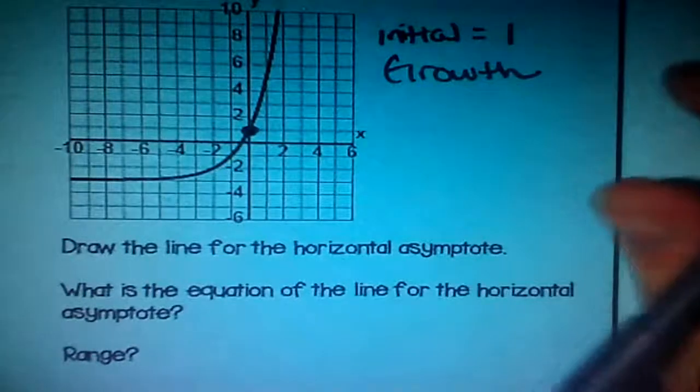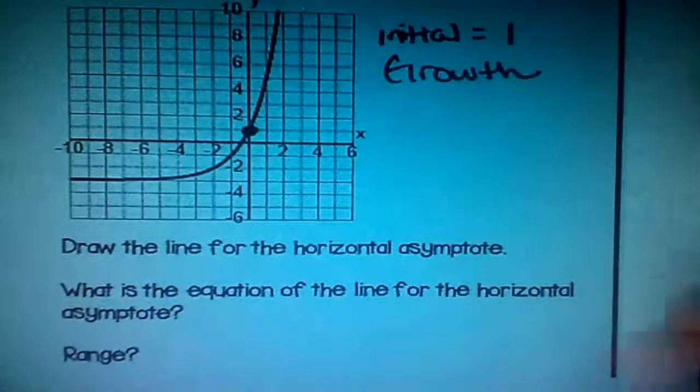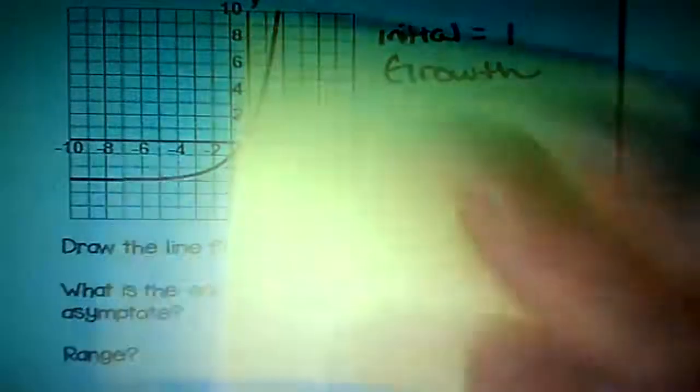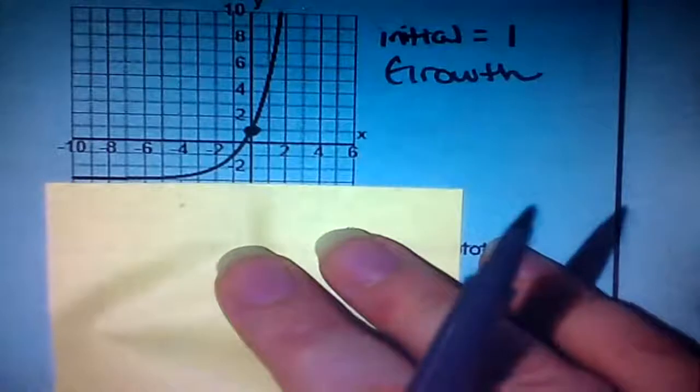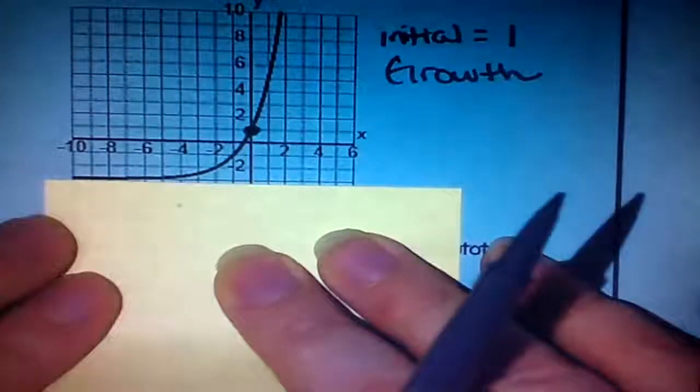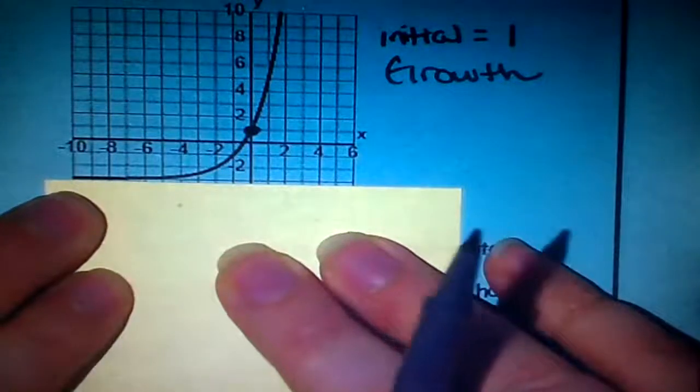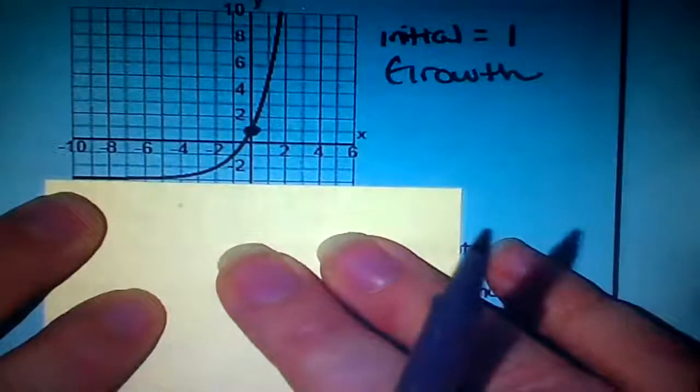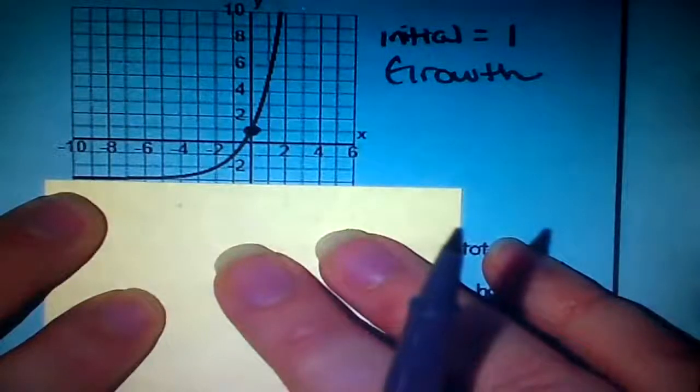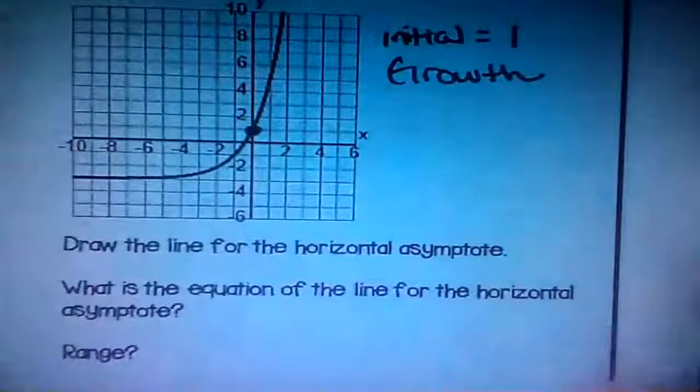Okay. Where does it look like my horizontal asymptote needs to be here? Where does my graph level off? It's leveling off around -3.